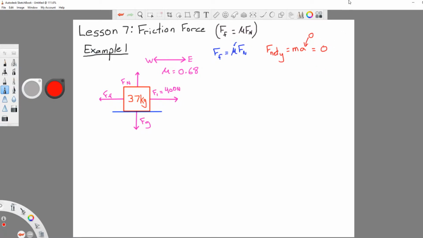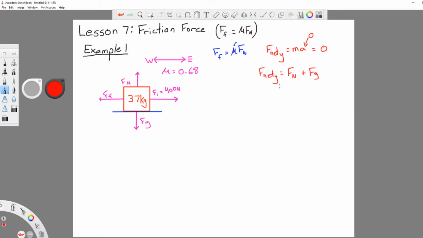All right, so that's one little bit out of the way. Then we can also do the second Fnet formula, saying that Fnet, at least in the y direction, is equal to the sum of all the forces in this direction. So that gives us force normal plus force of gravity.